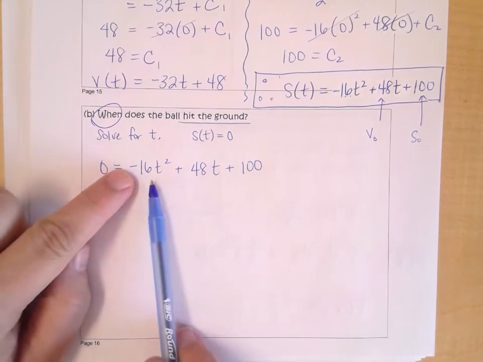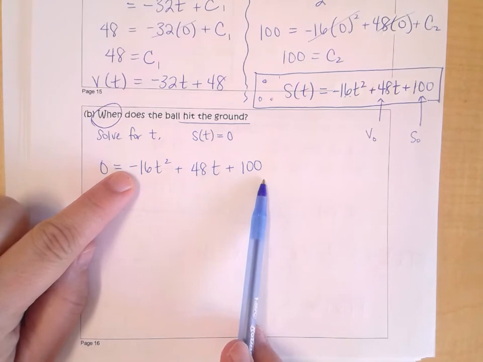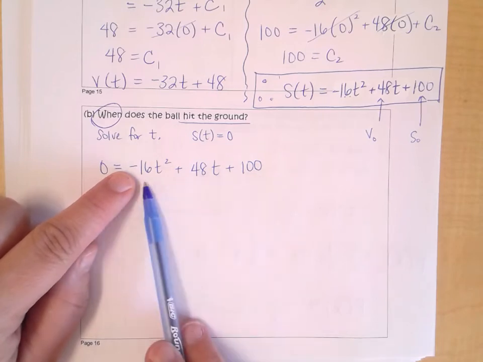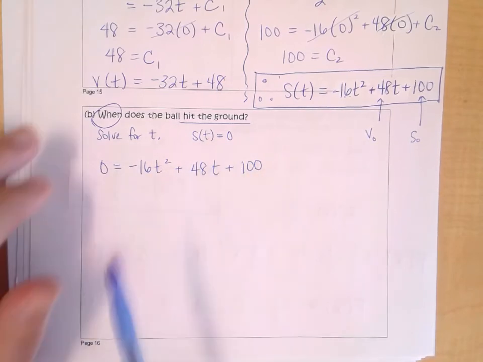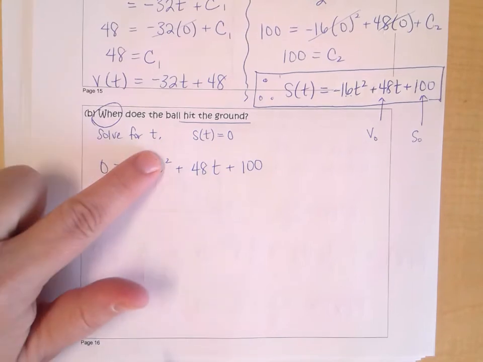All right, 48 is divisible by 16, but 100 is not, right? Not nicely. So what can we use to solve this if it doesn't factor? What do we use to solve a quadratic?